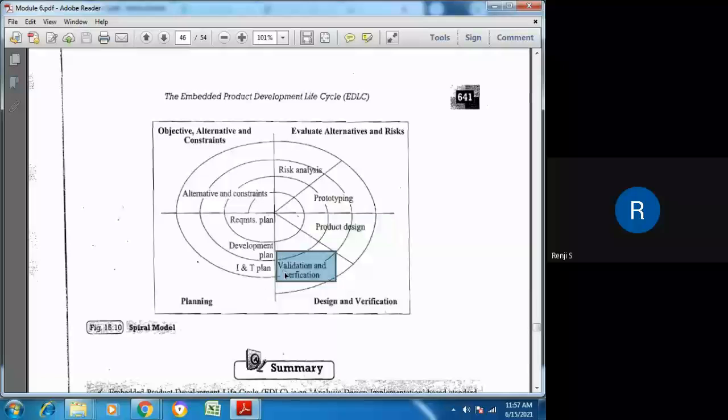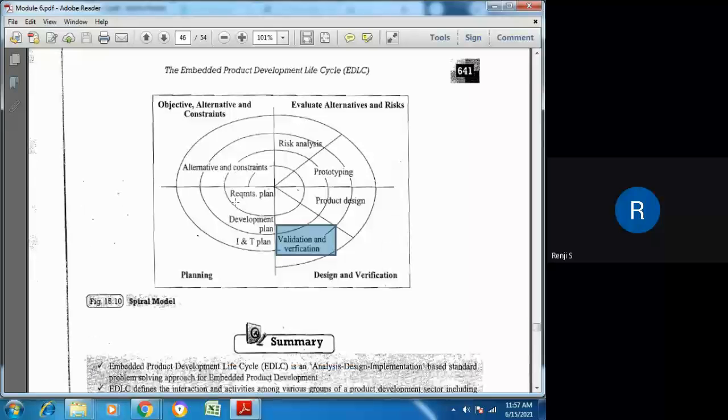After integration and testing, verification and validation is done to check if the product satisfies all the requirements. Here also the number of loops can be increased. It depends on the number of functionalities to be implemented in the product. So this is the spiral model.